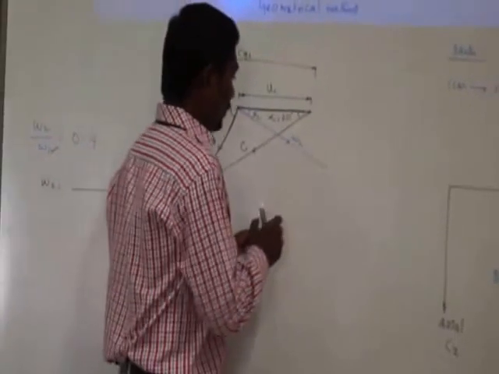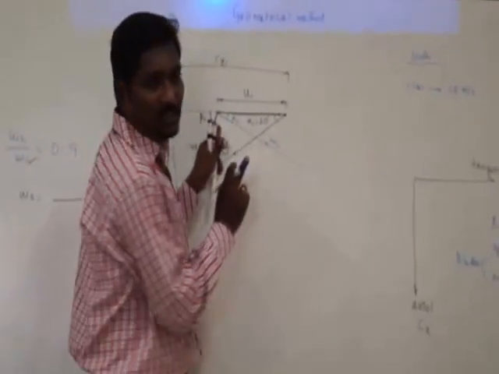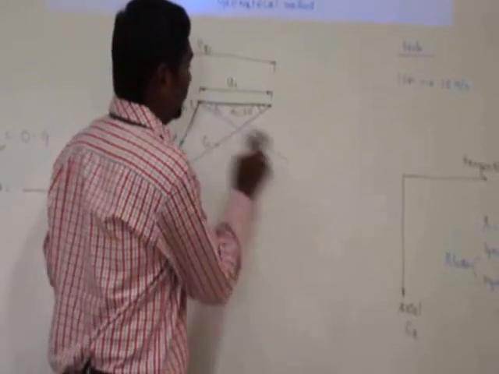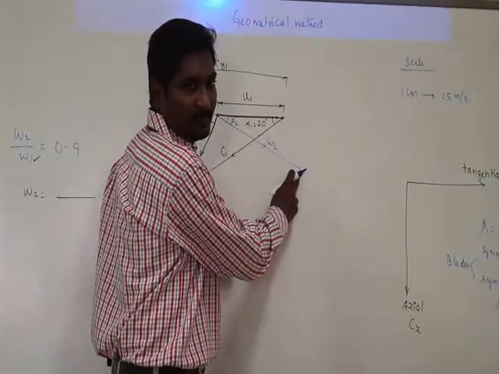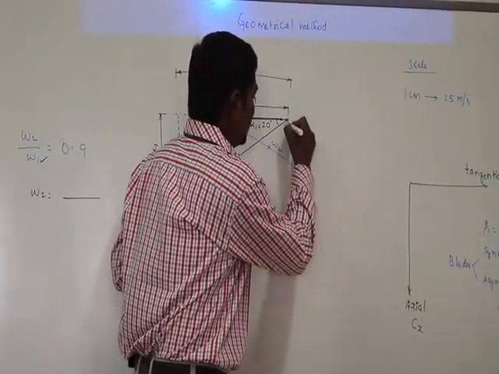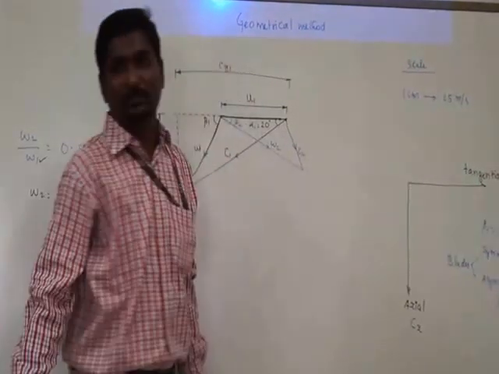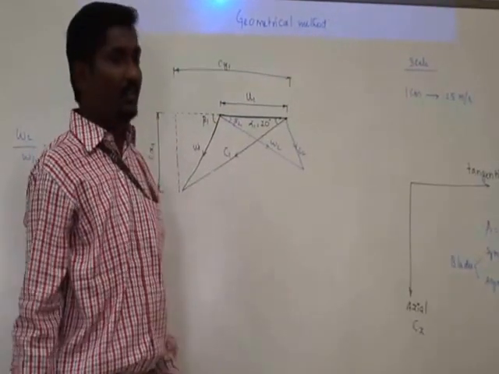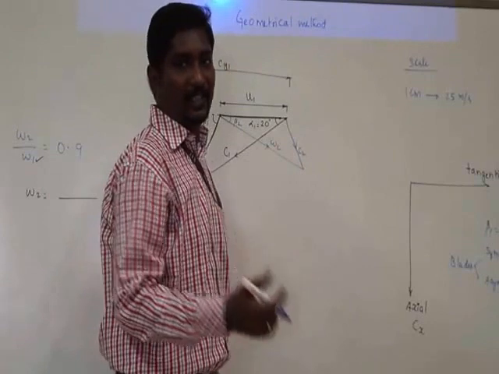So now you know the value of W2. After knowing this value, and this angle is also given as 20 degree, now you have U, W2. This is missing. C2 for the outward velocity triangle, C2 is missing. Join this. You get the outlet fluid velocity C2. This outlet fluid velocity, again it has two components, both tangential and axial component.